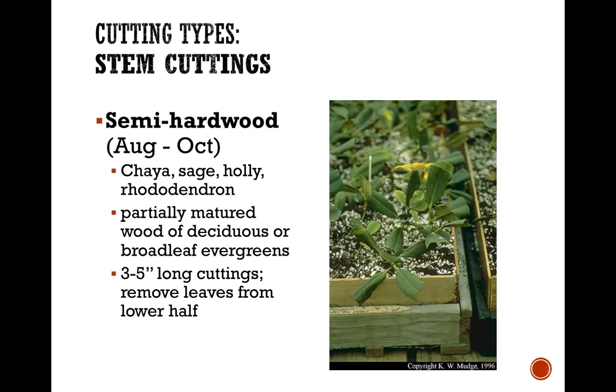Because the plant is putting in a lot of effort into making those flowers. And if you start cutting them up then, it's just going to divert a lot of energy away from the plant and its original goal, which is to produce seed. So you really want to avoid that time. It's a delicate time for the plant. Nonetheless, you can take a semi-hardwood cutting in the late summer, early fall.